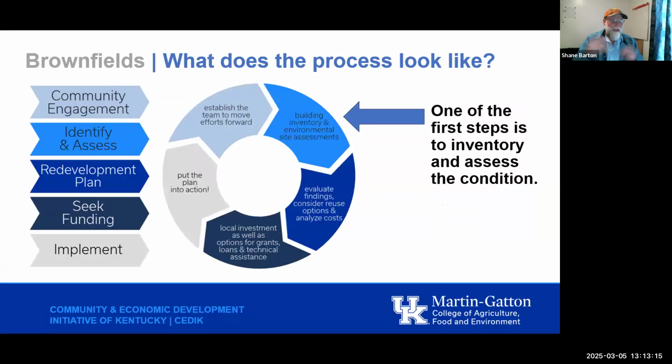Now, as we think about what this process looks like, back to the building inventory conversation here today. I've noted in this where the building inventory, the identify and assess, is located. It's pretty early in the process.